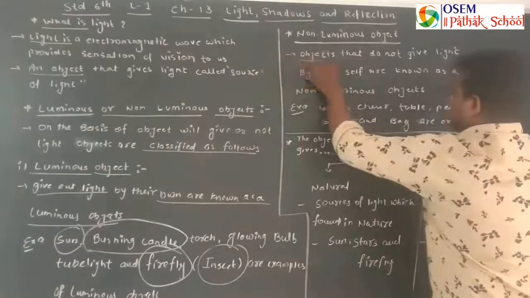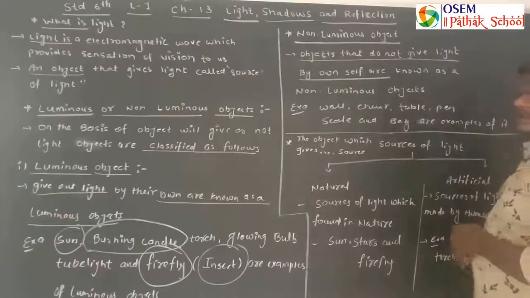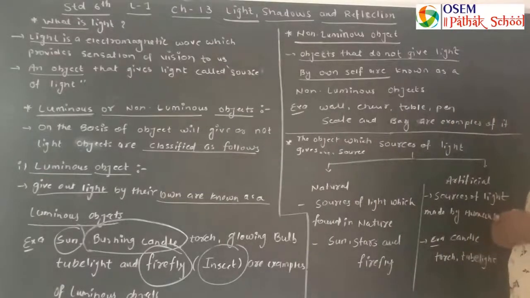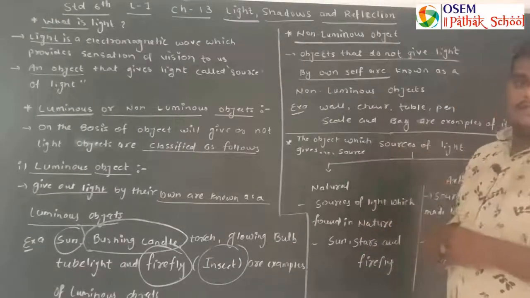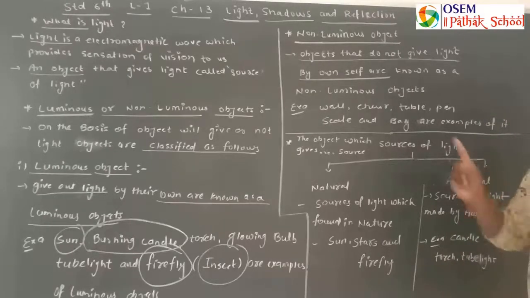So objects that do not give light by themselves are known as non-luminous objects. Whatever thing, directly or indirectly, is not providing light is known as a non-luminous object.